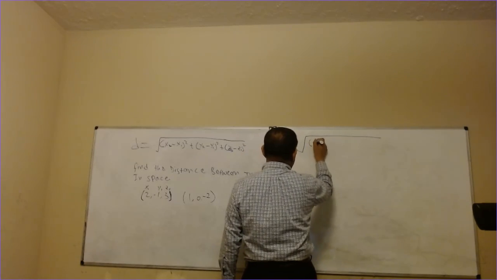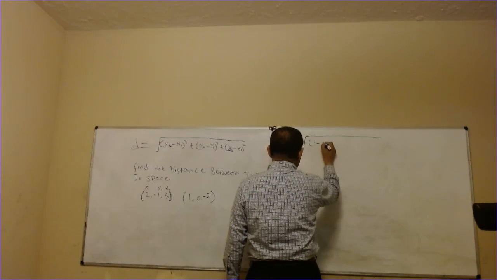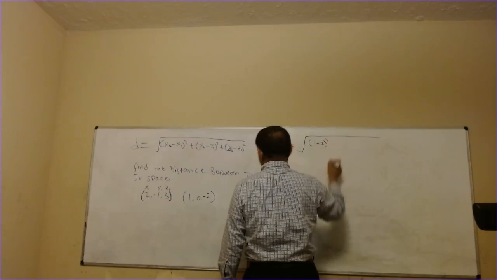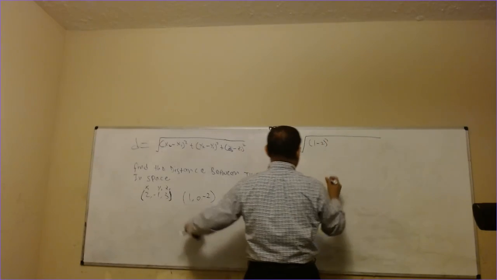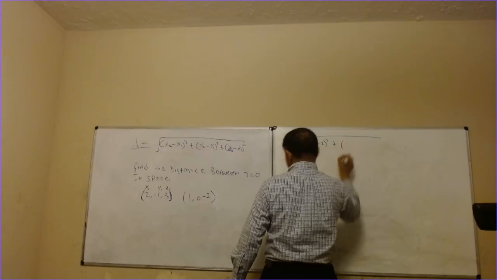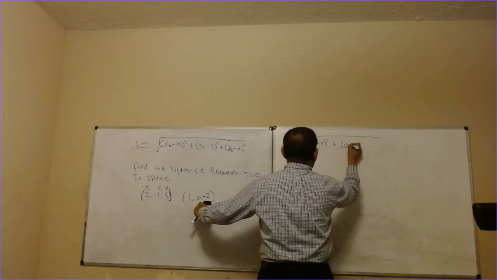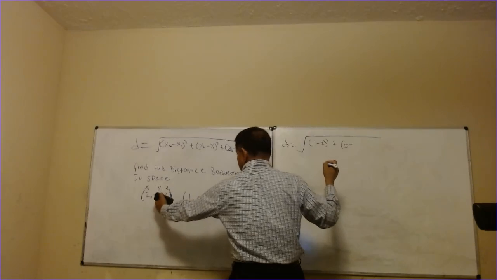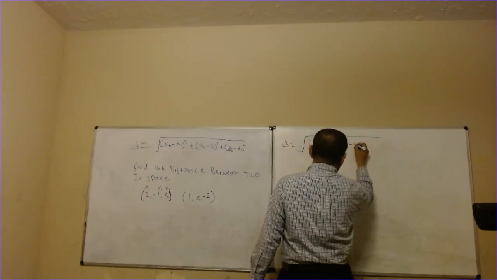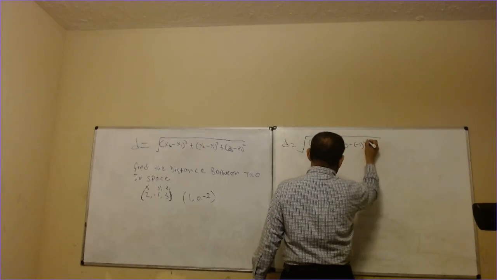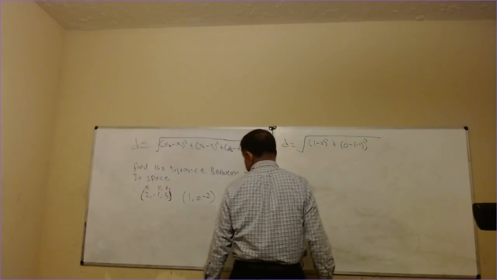So I have 1 minus 2 quantity squared, plus 0 minus negative 1. Here I have to be careful because it's a negative, so I put the negative inside parentheses and then square it.